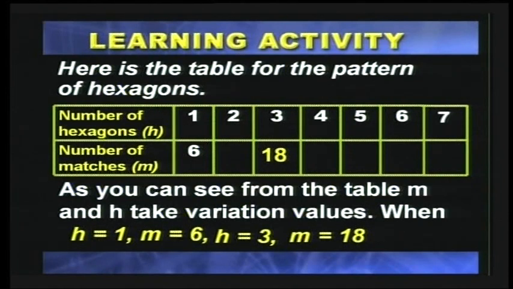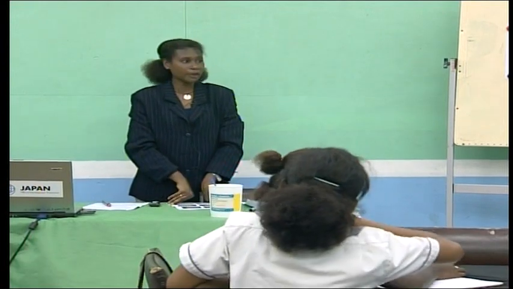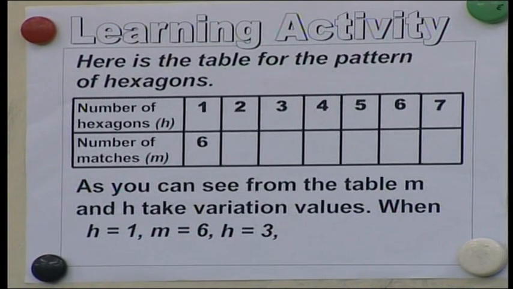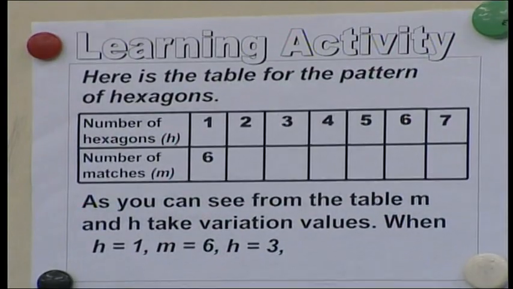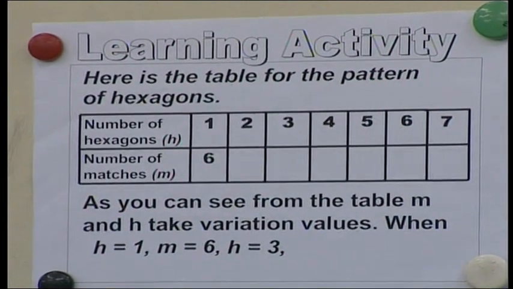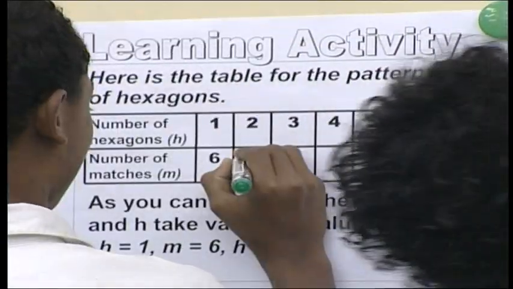We have done the first one together. Let's have Bagley, Daisy, John, JJ, and Samuel. Quickly run up and write your answers. You just come and fill in whichever you feel comfortable with, from whichever column.